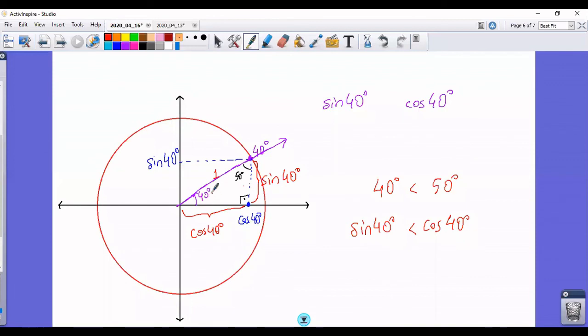One more time. Here, 40 degrees is smaller than 50 degrees. So the side opposite to 40 is sine of 40. This side is shorter than this side. Okay? So that means sine of 40 degrees is smaller than cosine of 40 degrees. That's it. This is going to be our answer.